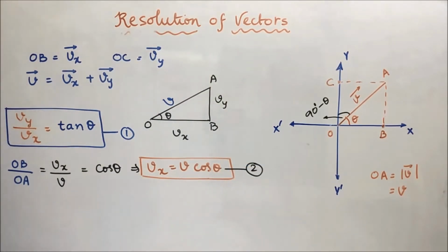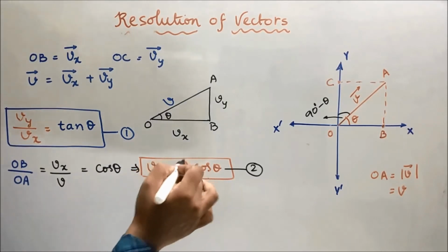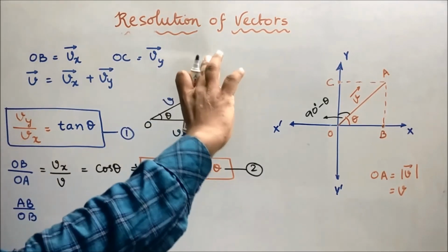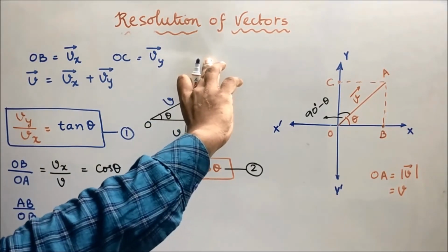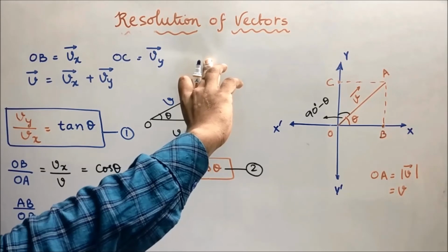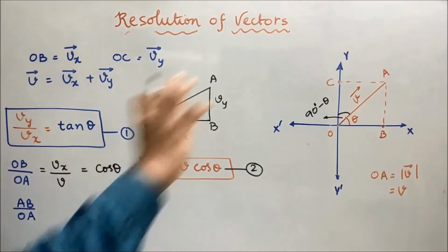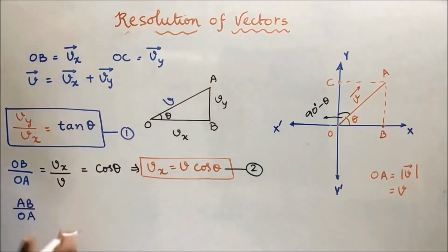So what is Vx? Vx is the x component of V. How to get the x component of V? Magnitude of V into cos theta. Similarly, if I write AB by OA, AB is the perpendicular, or you can say opposite side, by OA, that is opposite side by hypotenuse.